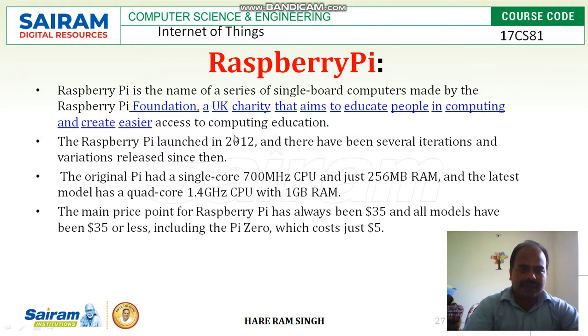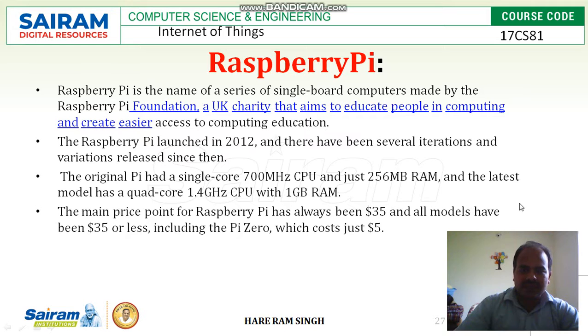The Raspberry Pi launched in 2012, and there have been several iterations and variations released since then. So it was developed in 2012, and after that, several variations and updates were made in the Raspberry Pi architecture. The original Pi had a single core 700 MHz CPU and just 256 MB RAM, and the latest model has a quad core 1.4 GHz CPU with 1 GB RAM.